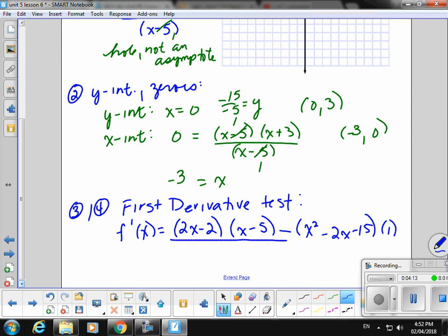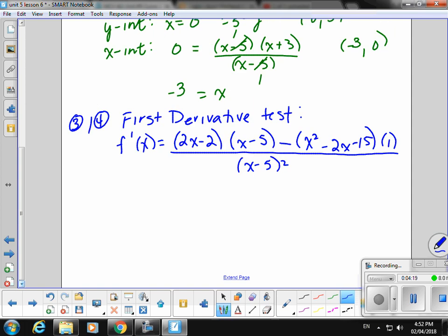All over the bottom squared. Let's tidy this up a little bit. I have 2x squared, negative 10, negative 2, negative 12x, plus 10, subtract x squared, plus 2x plus 15.